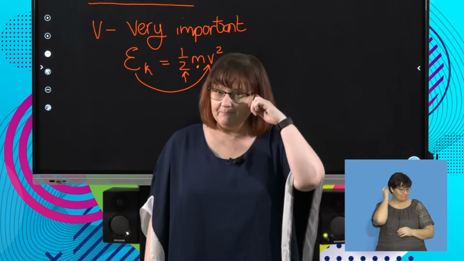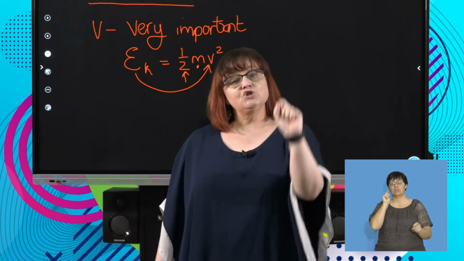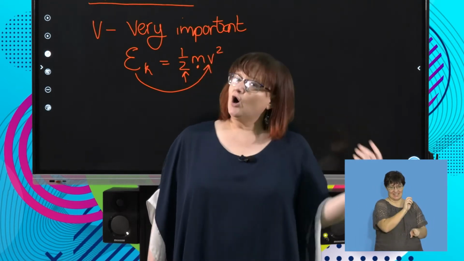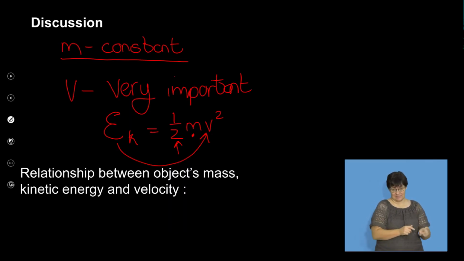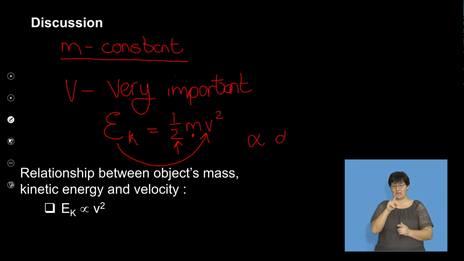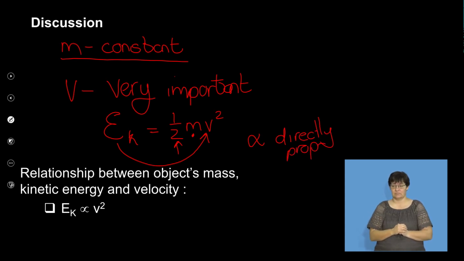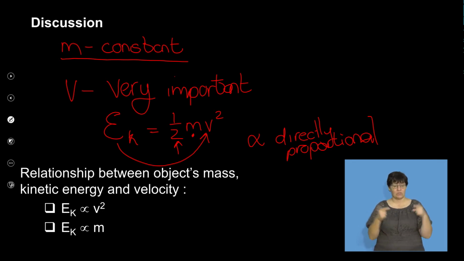So we've got to keep that in mind, which means for us that a change in velocity has a much bigger effect on kinetic energy than a change in mass does. So these are the relationships we were just talking about. Kinetic energy is directly proportional, remember, this sign means directly proportional, to v squared. And it's directly proportional to mass. So the two of them go together.